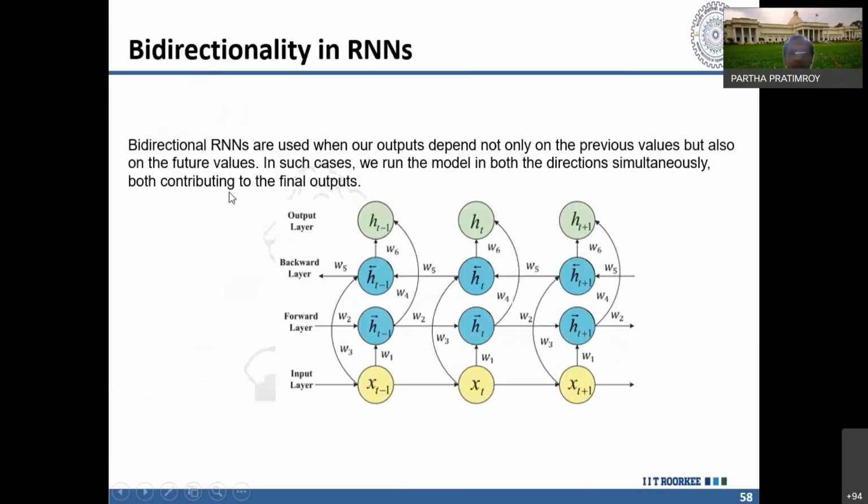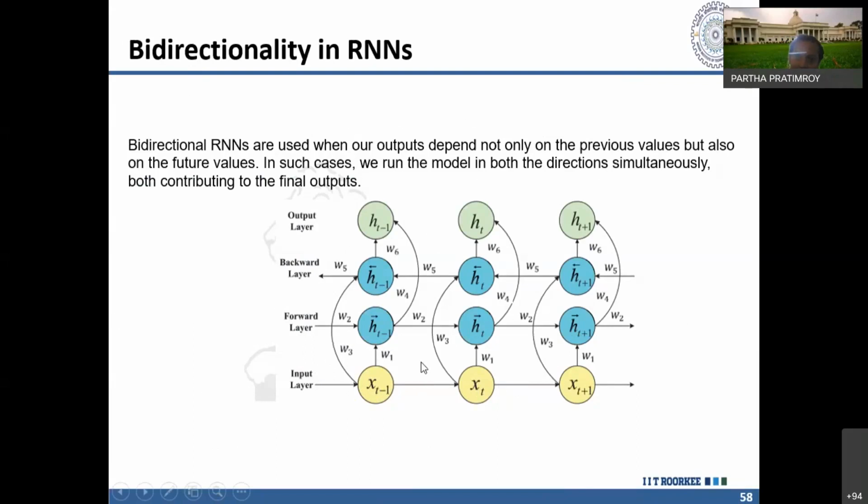So let us consider the bidirectional RNN. What does it do? For example, you have a set of input words, and you get results. If you use one RNN, you get these outputs, like h(t-1), h(t), and h(t+1).